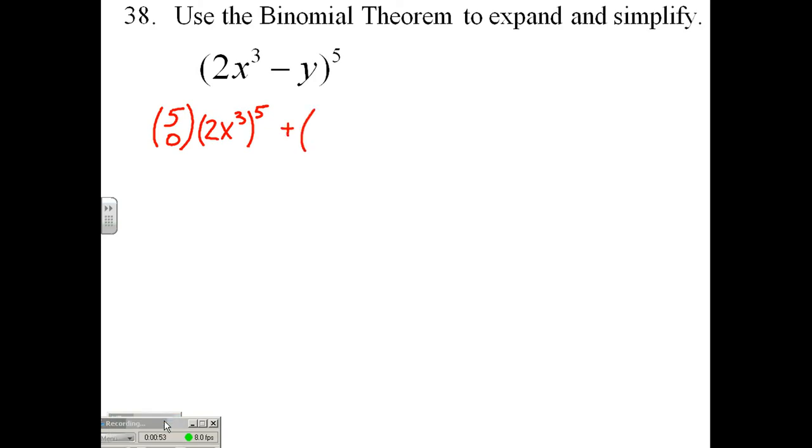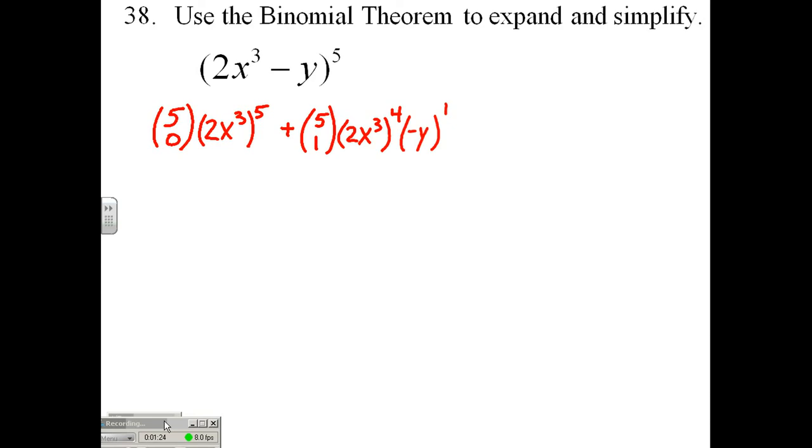Next term becomes C5, 1. I reduce my number of 2x to the thirds. So 2x to the third, now only using 4 of those. And my fifth factor, see there'll always be 5 factors, my fifth factor here is going to be 1 of the negative y's. Negative y to the first.